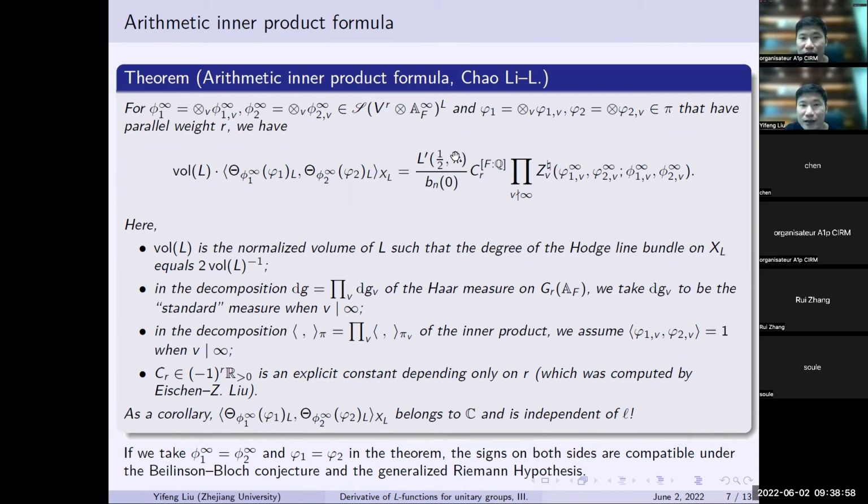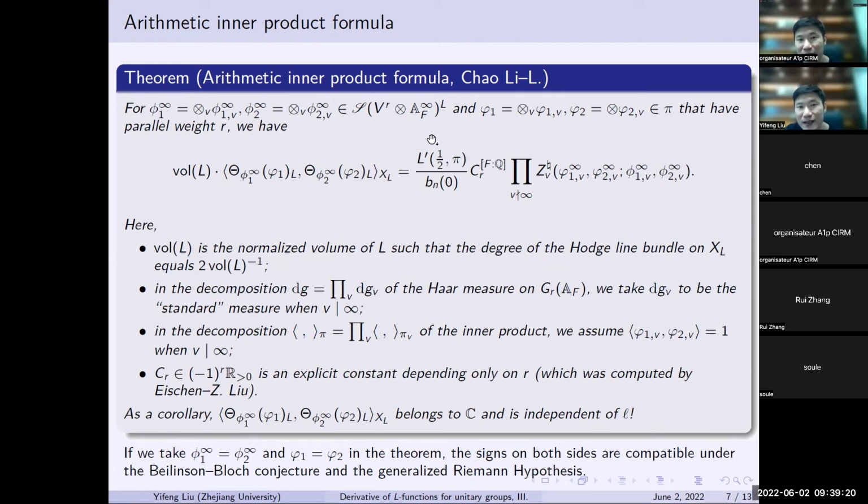And here, when you take these two the same, this local zeta integral is also positive. So all terms here are positive. B_n0 is positive. And the C_r to the degree f is also (-1)^r.